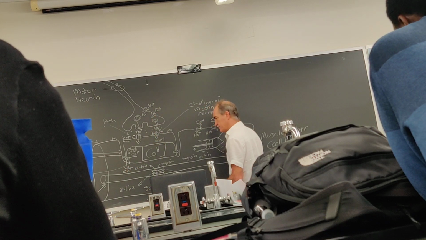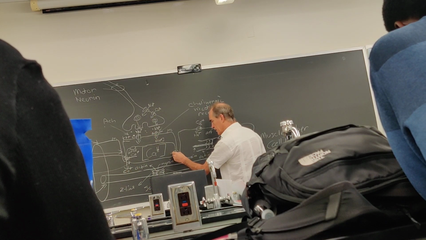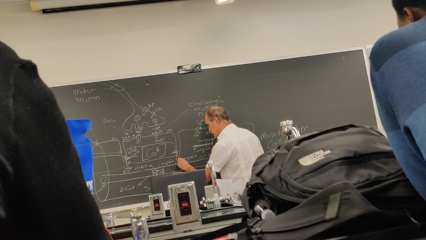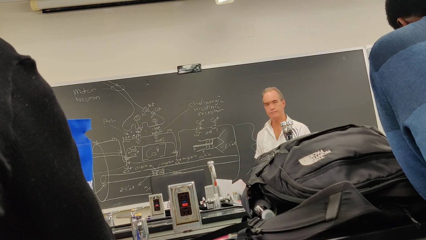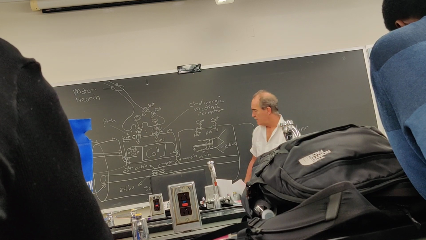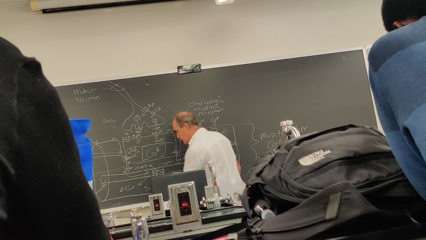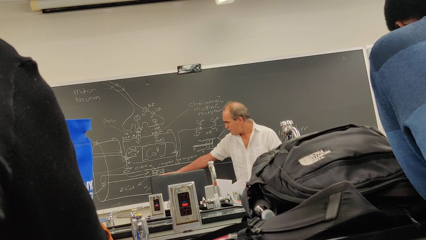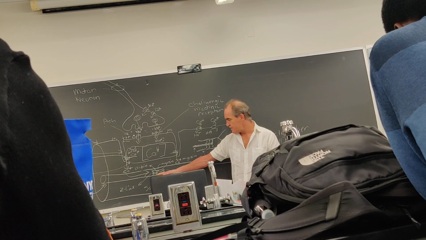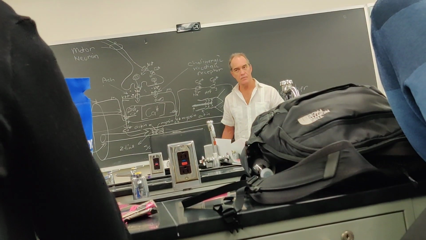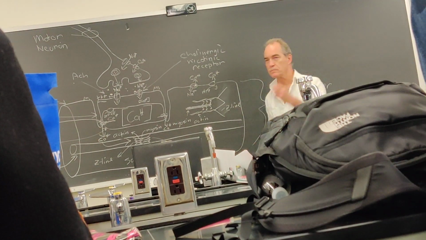So there it is, and here on the other side too, going into the cytoplasm. Calcium diffuses in the cytoplasm and makes it all the way to the sarcomere. And then calcium is the signal that tells the sarcomere to constrict. And that's the whole process right there.